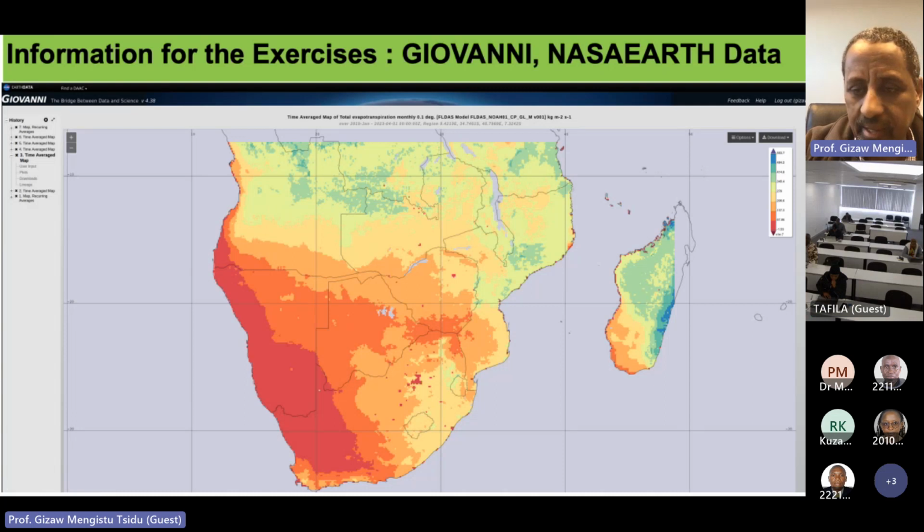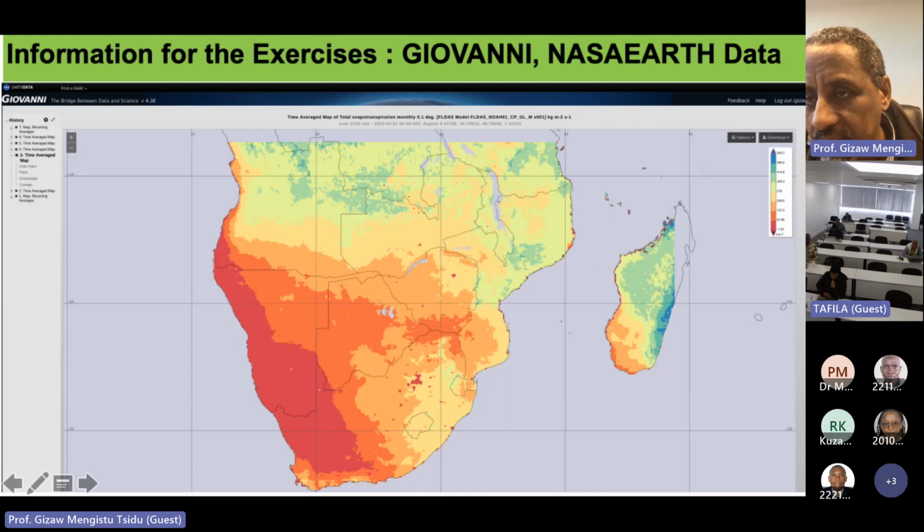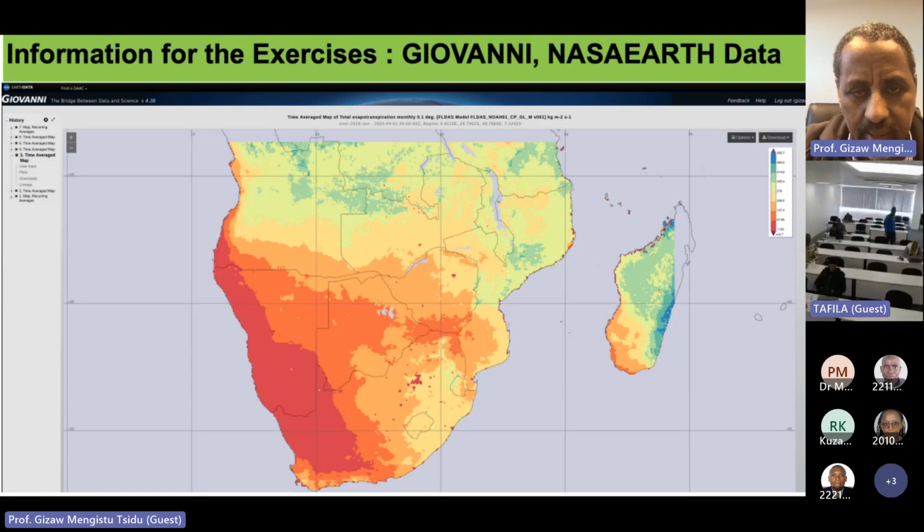I have showed you yesterday a lot of things about this. And here on the top right corner, you have options, and then you have a download icon. There are two icons here at the right top corner, options and download. If you are satisfied with this kind of map, and you think this is good enough to present in a paper or for a presentation, you can download it directly.